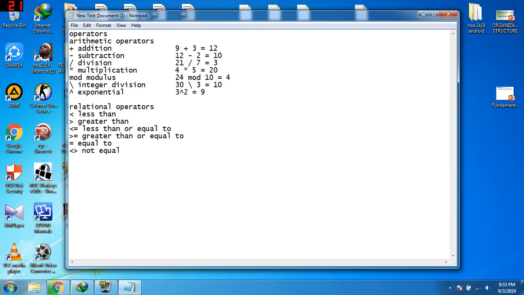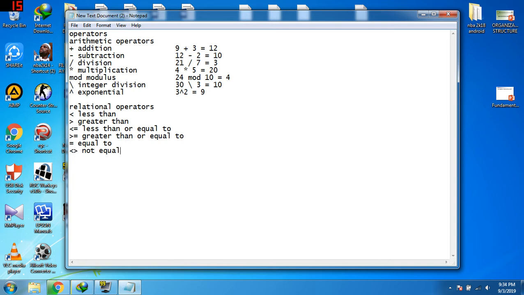These are the different relational operators which we commonly use. This symbol is identified as less than. Next is greater than, then less than or equal to, greater than or equal to, and for the not equal, we use the back-to-back symbol of this arrow sign.